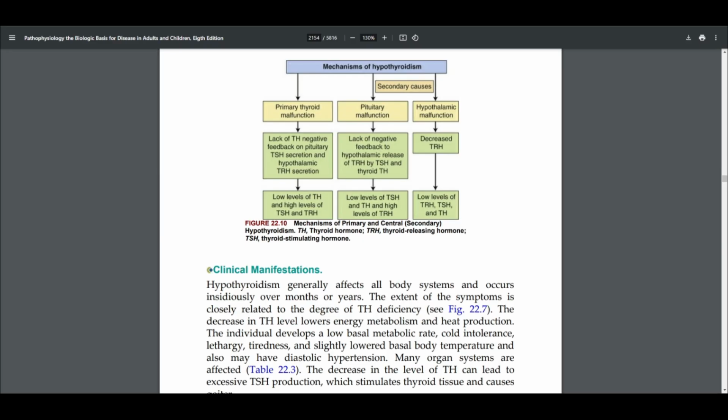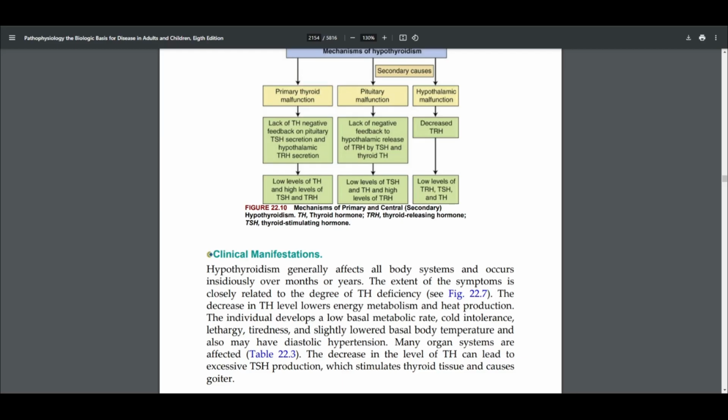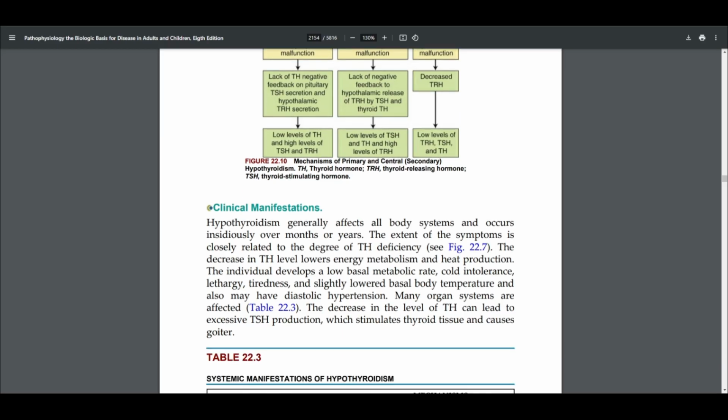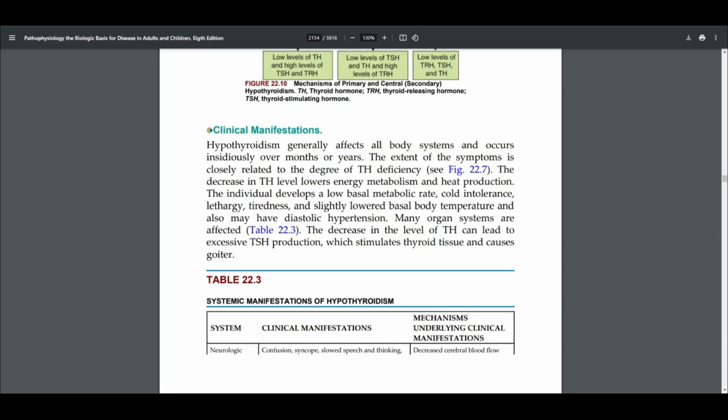The individual develops a low basal metabolic rate, cold intolerance, lethargy, tiredness, and slightly lower basal body temperatures, and may have diastolic hypertension. Many organ systems are affected. The decrease in level of TH can lead to excessive TSH production, which stimulates the thyroid tissue and causes goiter.